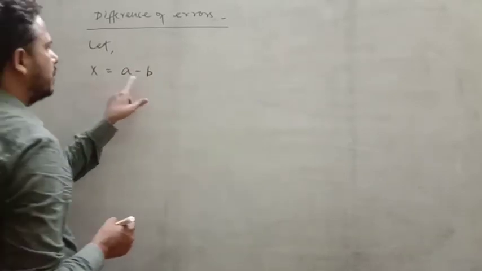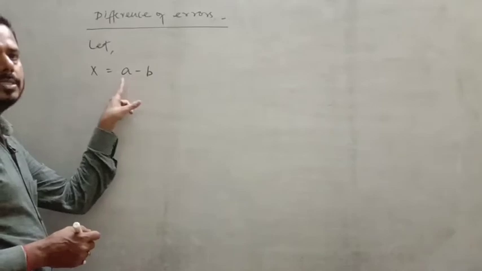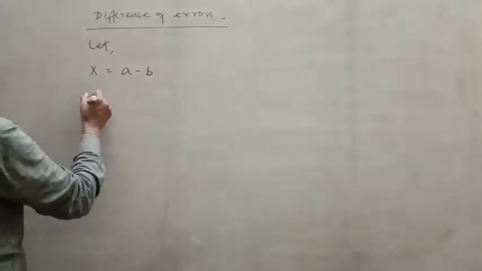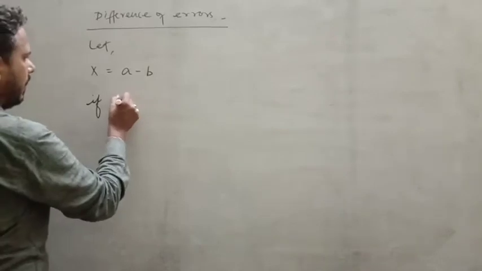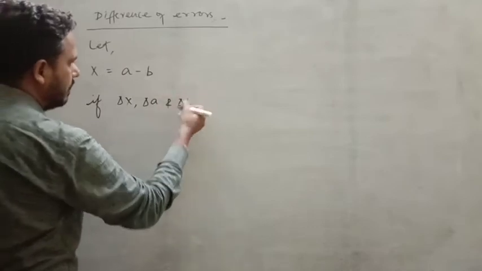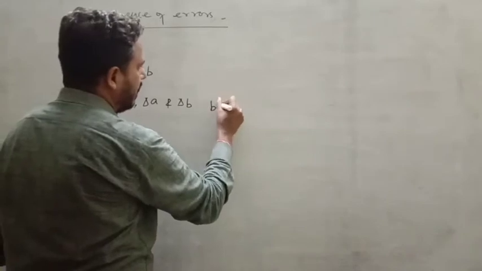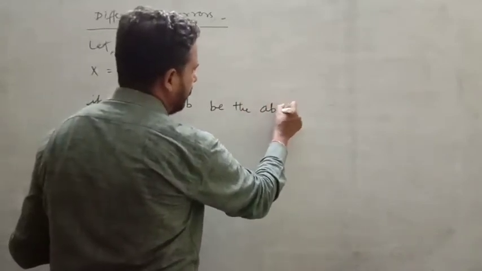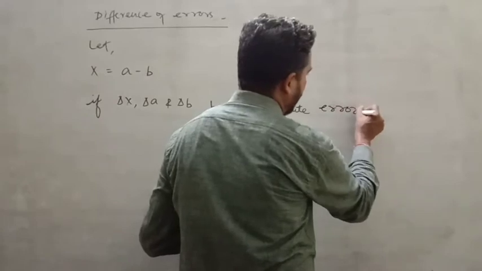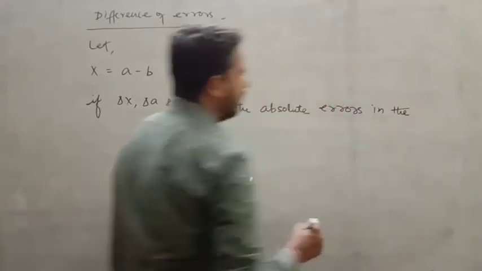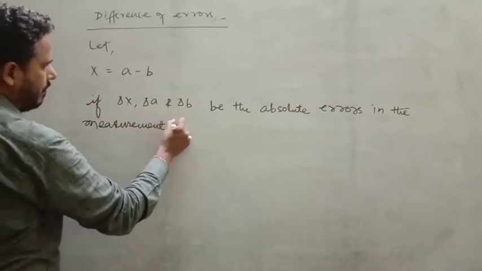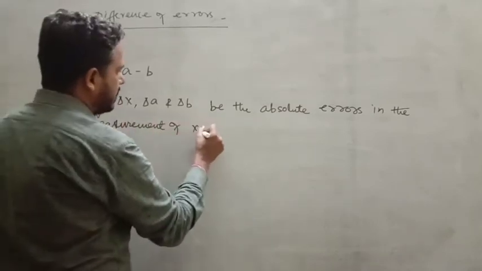Here these are two different measurements whose difference you have to take, and the resultant is x. Suppose delta x, delta a and delta b, just like the previous one, are the absolute errors in the measurement of x, a and b.